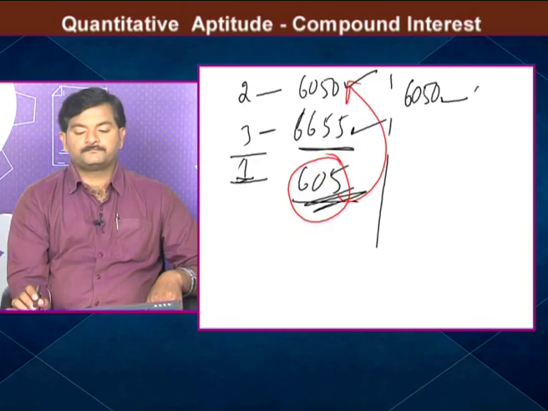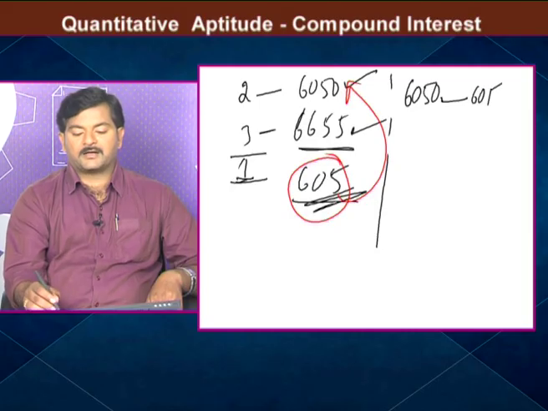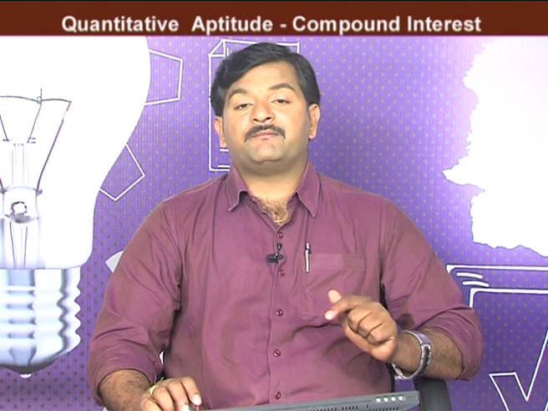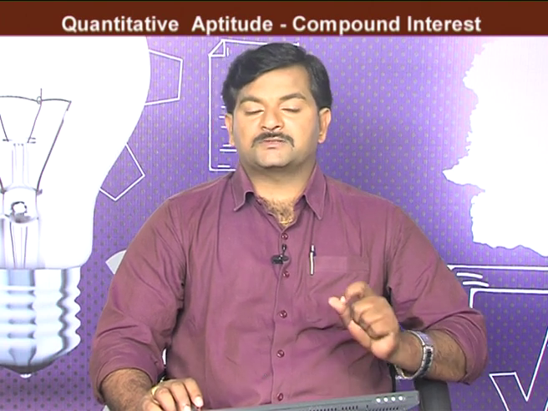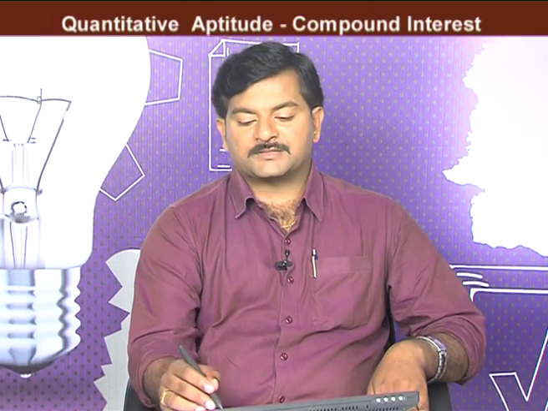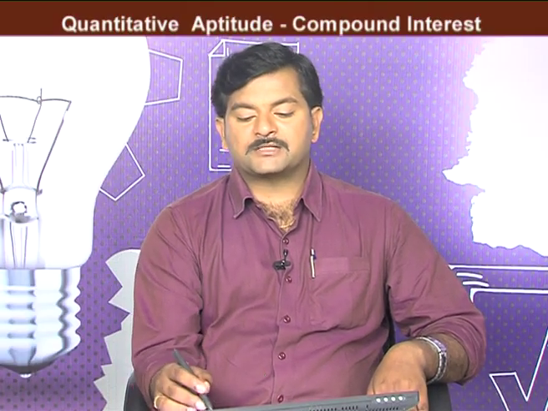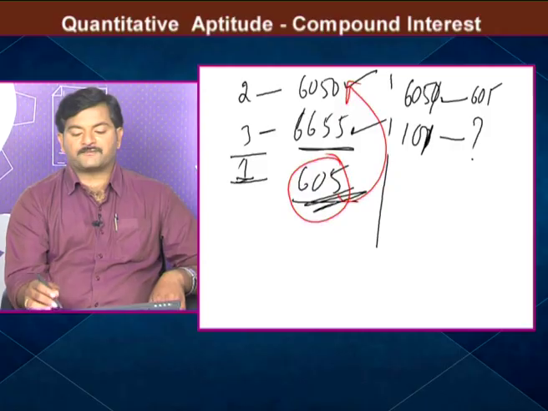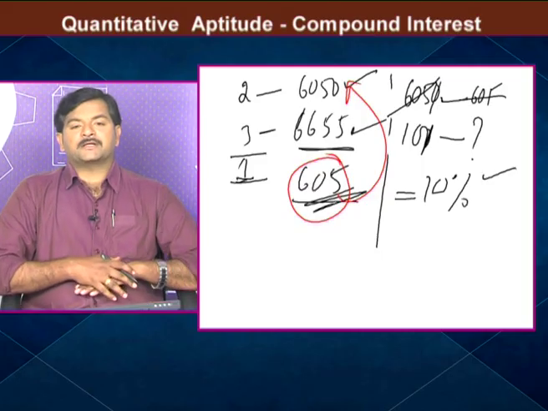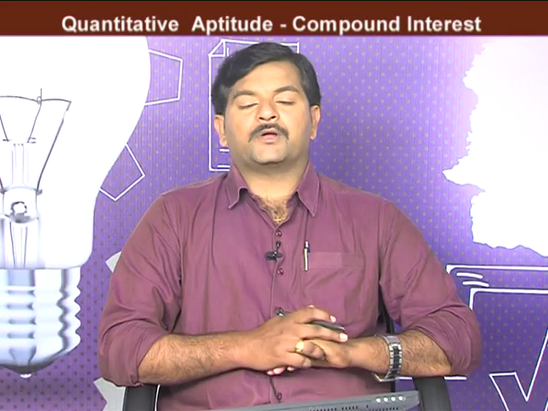Then for 100 rupees, what could be my rate of interest? Why am I taking 100 rupees? He asked to find the rate of interest, and rate of interest must be for every 100 rupees for only 1 year. Simplification: 0 0 cancelled, 605 by 605 is 1. Hence, what is my answer? 10% is the answer. Okay, I hope you understood.